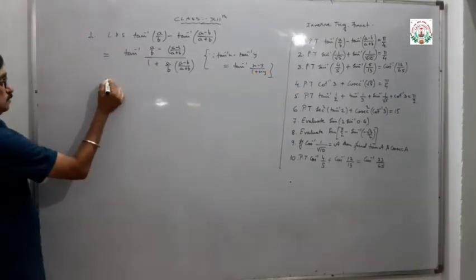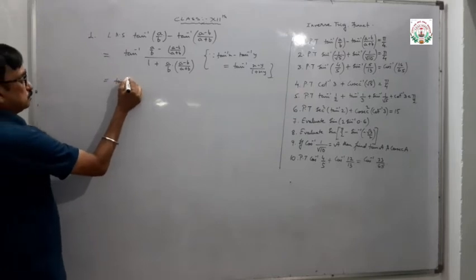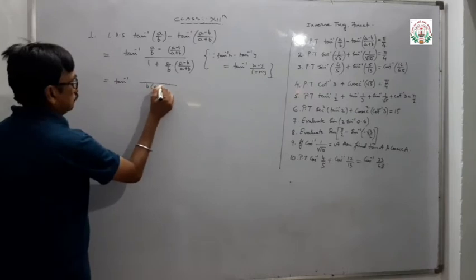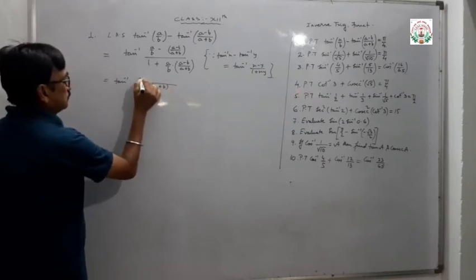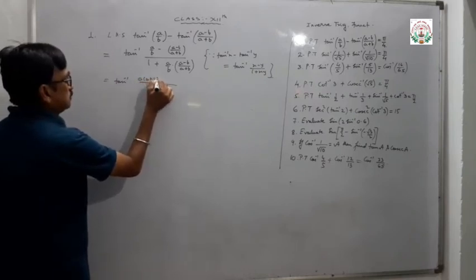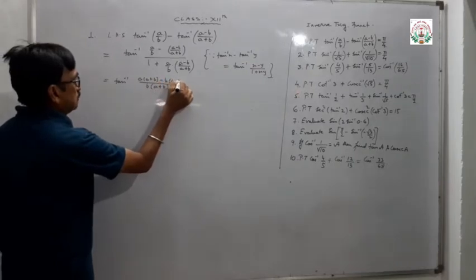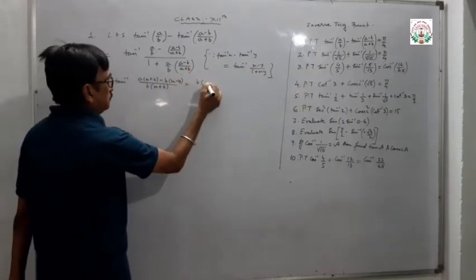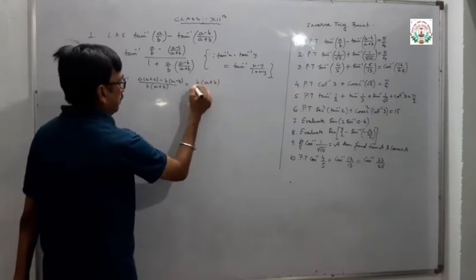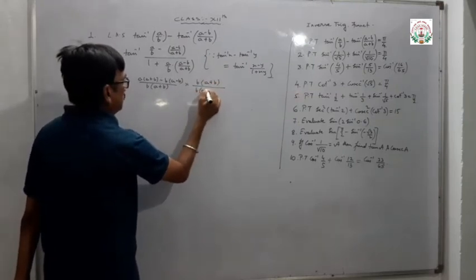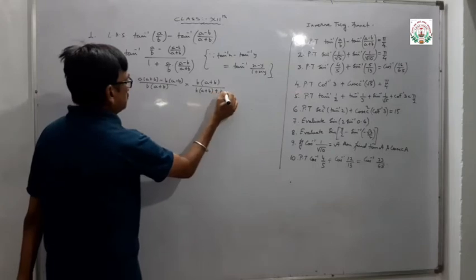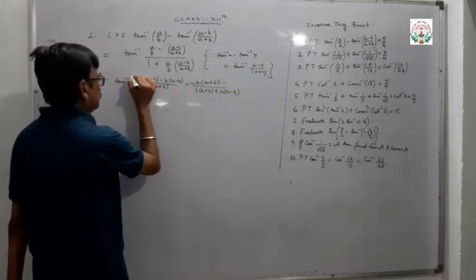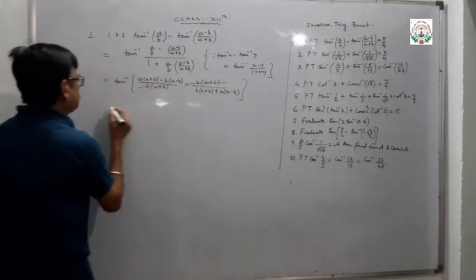So, tan inverse, we take the LCM, B into (A plus B). So here we get A into (A plus B) minus B into (A minus B), and we take the reciprocal, B into (A plus B) upon B into (A plus B) plus A into (A minus B). So B into (A plus B) cancels out.